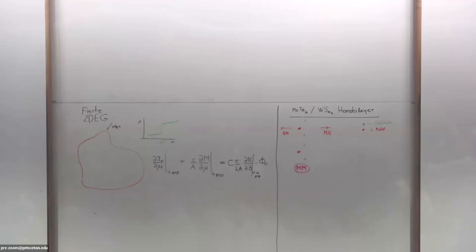And that the stacking changes by one lattice constant when the position changes by the Moire lattice constant, making it periodic. So we want to say something about how the Hamiltonian of this system depends on stacking, okay?